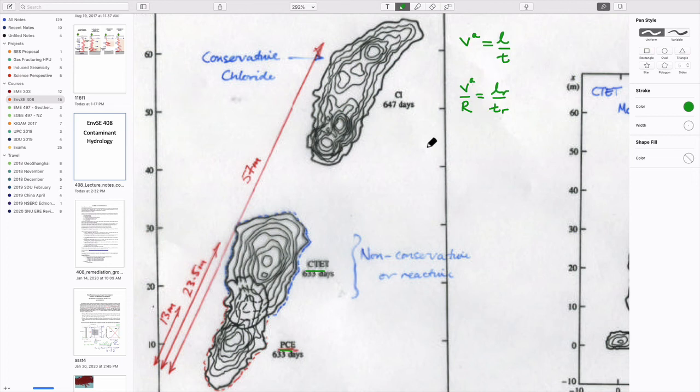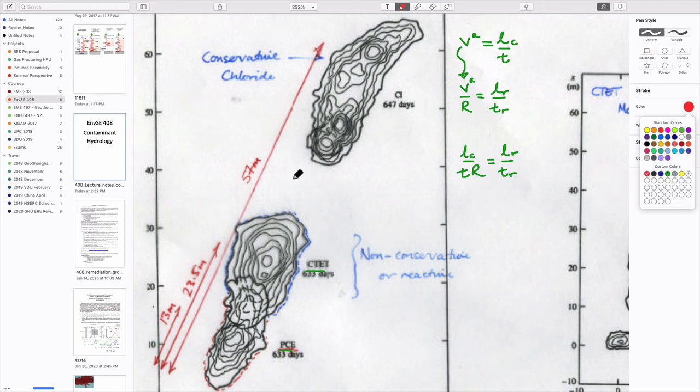And so if we wanted to deal with this, this is the length traveled by the conservative one here. And so what we could do is substitute this in for this expression here, in which case we'd end up with conservative length traveled over time times retardation is equal to length traveled for the retarded plume divided by the time taken for the retarded plume to travel.